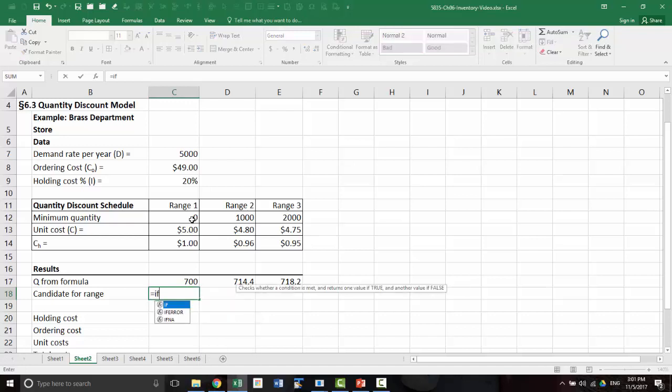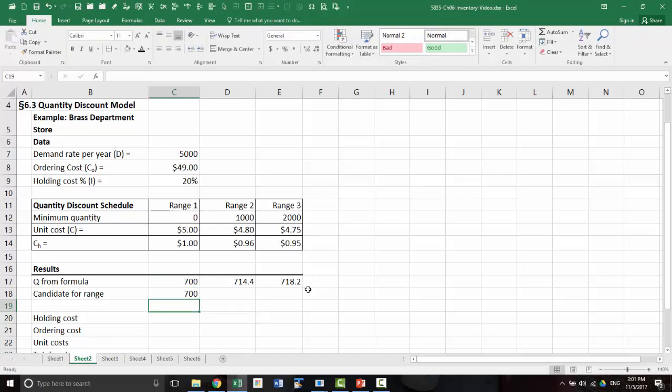So if that quantity is greater than or equal to that minimum, then we can order at that rate. Otherwise, we have to order the minimum to be able to qualify for that price.